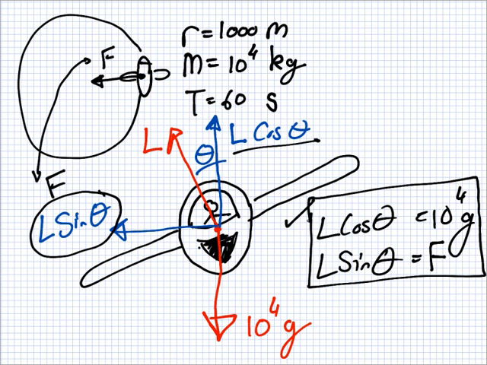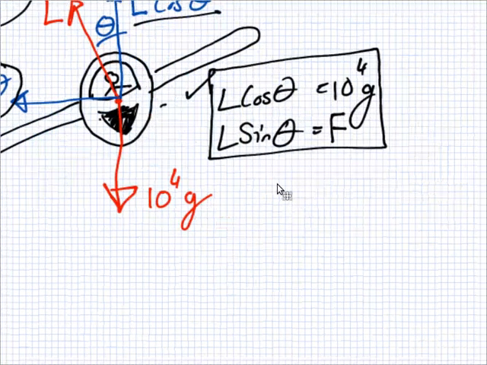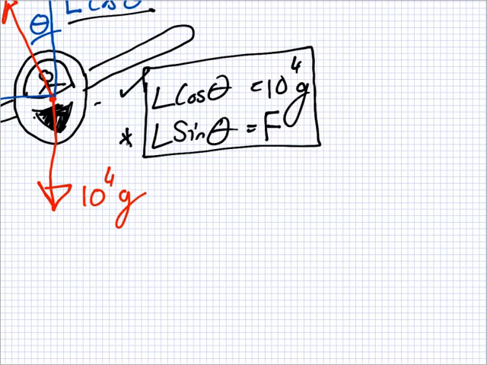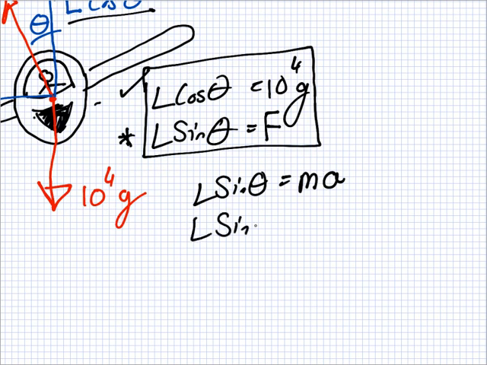So let's have a look at this equation first. L sin theta equals F. But what did Newton say F equals? F is equal to ma. Now, what did we say centripetal acceleration equals? What formula do we have for centripetal acceleration?